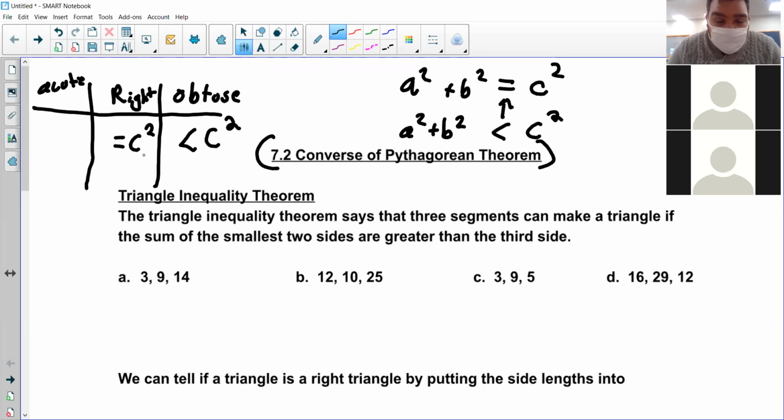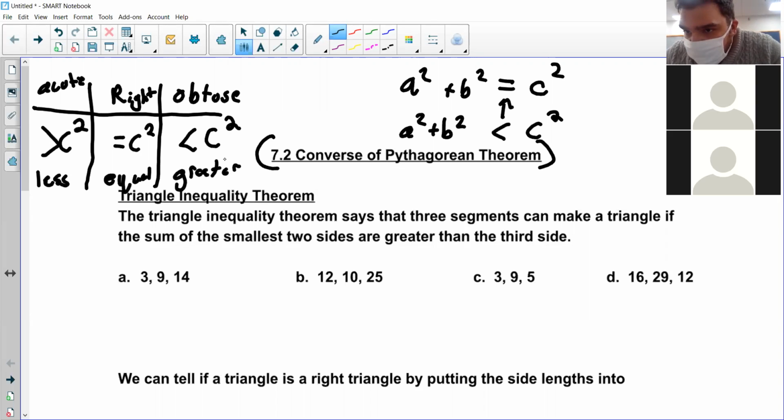When it's smaller than a right angle, then it's acute. And this is going to be less than c squared. And if you don't remember the symbols, less, equal, greater. Okay? So it depends on how big the c squared is compared to a squared plus b squared.